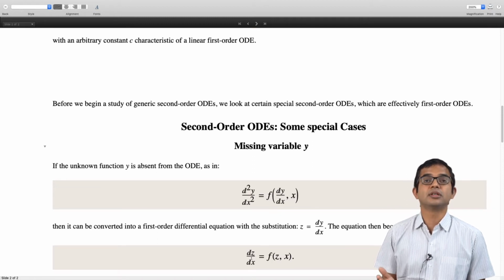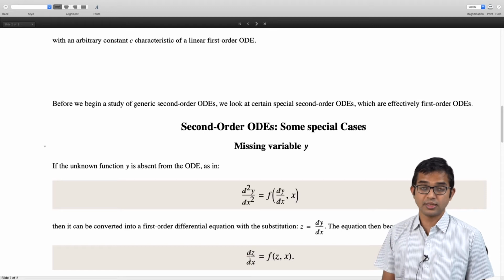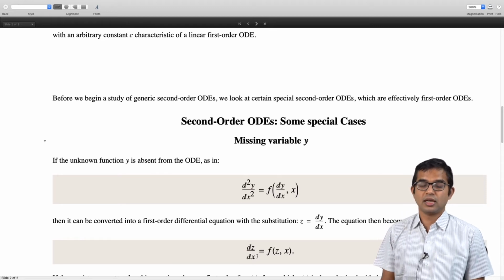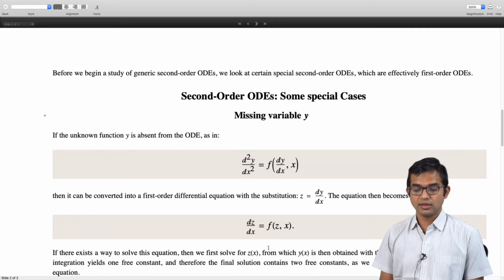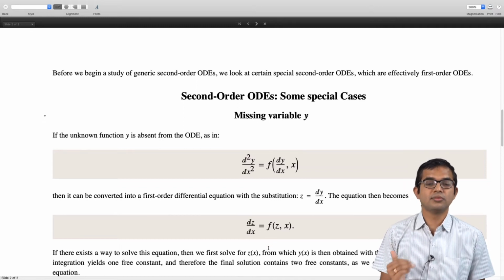And so immediately you see that now this is a first order differential equation in z, right? So assuming that f is not some extremely violent function, perhaps there is a way to solve for this, right? So we will be able to write down z as a function of x. If we can do it, then we are still not done, right?